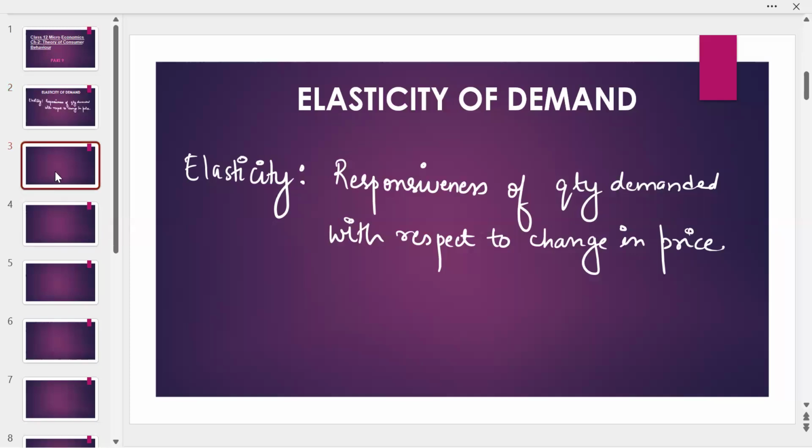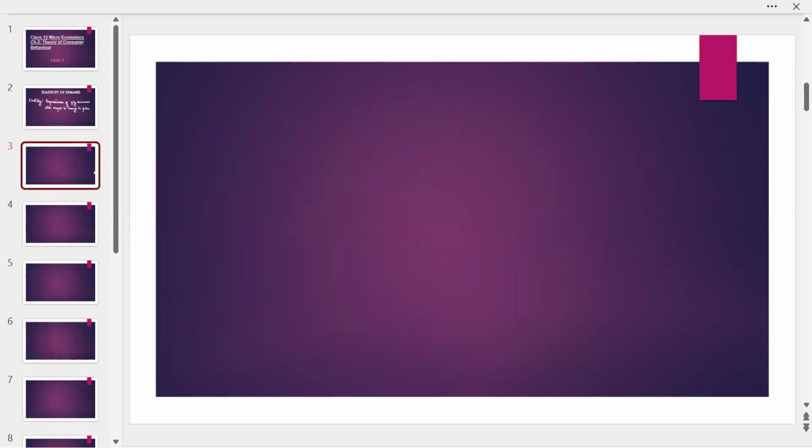So let's understand first with the help of an example. I'm just taking an example. Let's say milk. The price of milk was earlier 50 rupees.